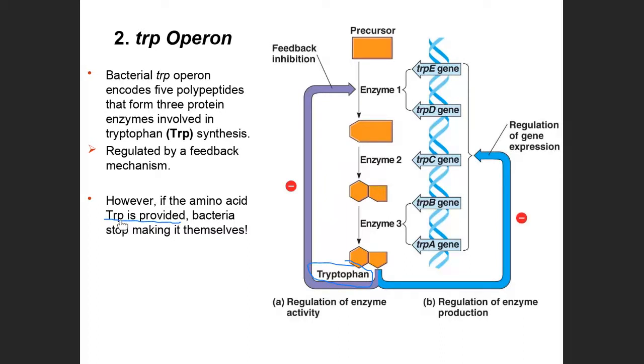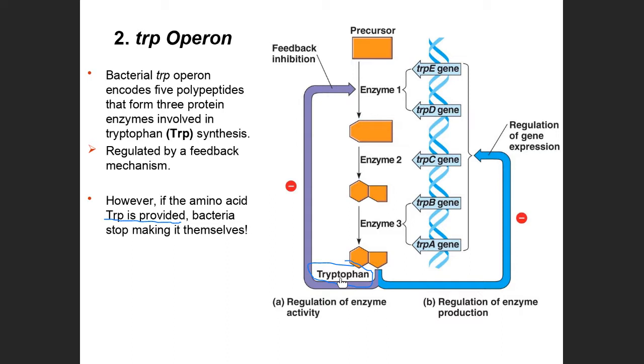If suddenly tryptophan becomes available in the surrounding environment, in the nutrients being absorbed by a prokaryote such as the bacterium E. coli, then within the bacterium tryptophan levels become too high. There's more tryptophan present than the bacterium needs to make polypeptides.